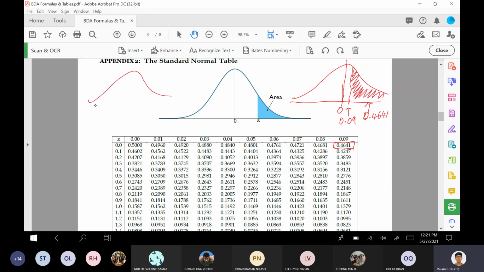So how do you find the area, let's say, of the opposite side? For example, this is minus 2.1. What is the area here?